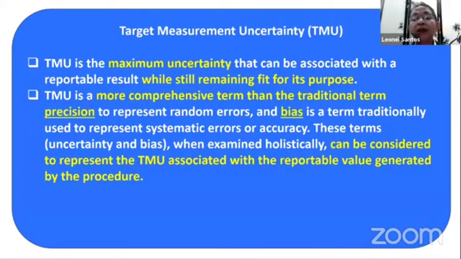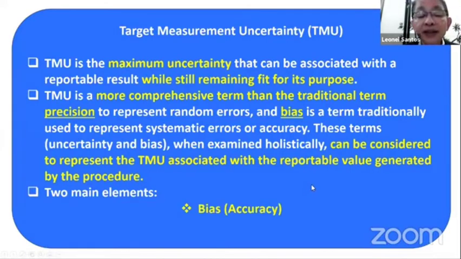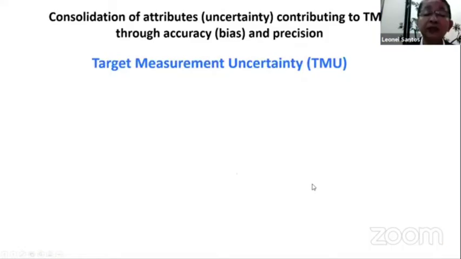So TMU can be considered to represent all the associated factors that affect the ATP. The two main elements in target measurement uncertainty would be the bias or accuracy and precision.